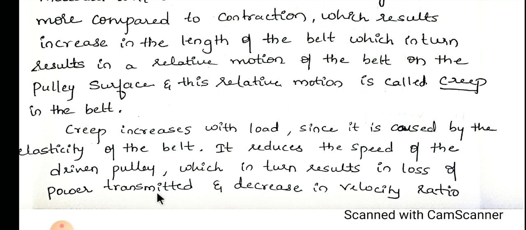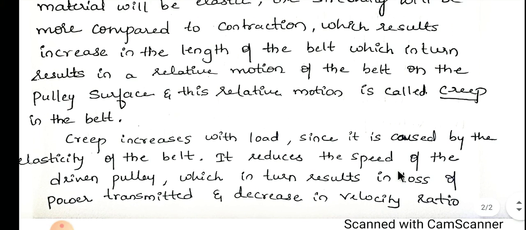It means whatever power is generated in the driver will not be fully transferred to the driven pulley because of the creep which you can see in the belt. As a result of that, the velocity ratio will decrease.